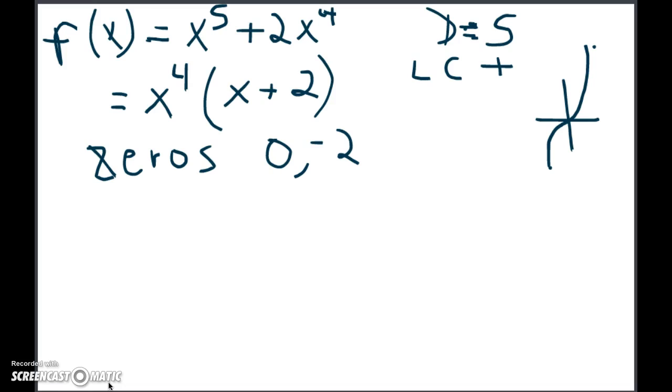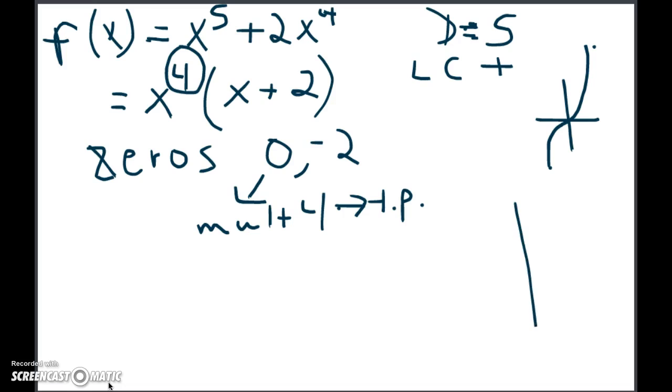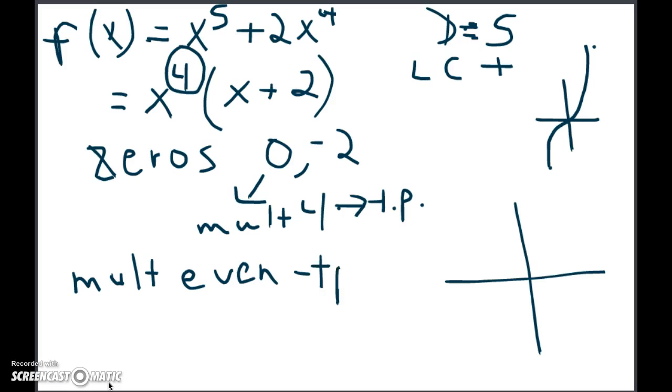However, as I discussed in class, since the exponent is 4, this 0 has multiplicity 4, which tells me that it's a turning point. Anytime the multiplicity is even, the 0 is going to be a turning point.